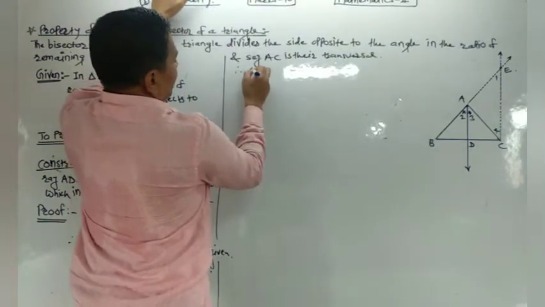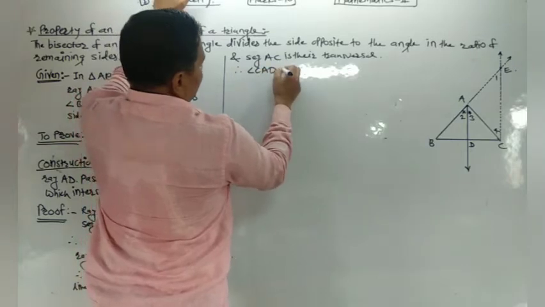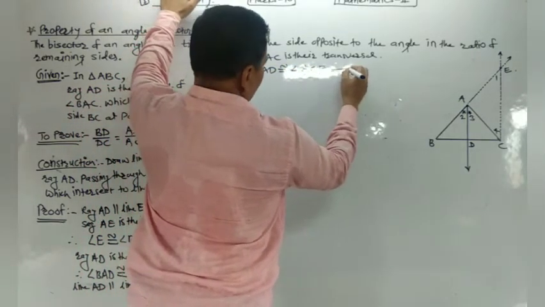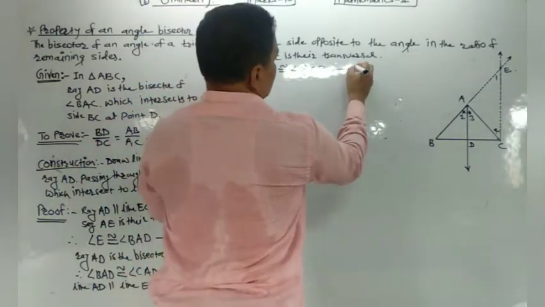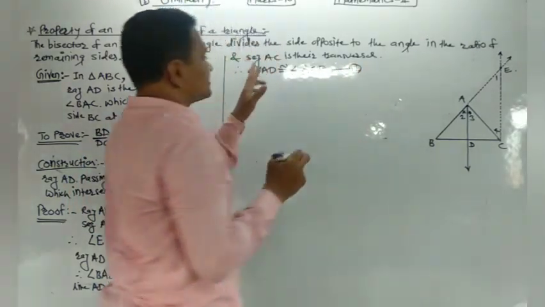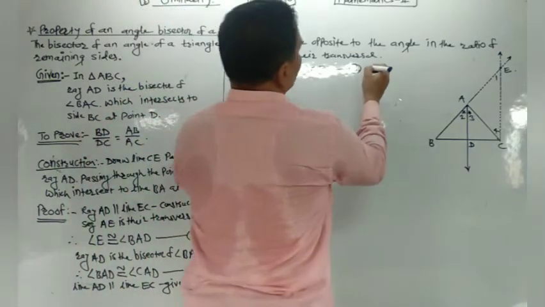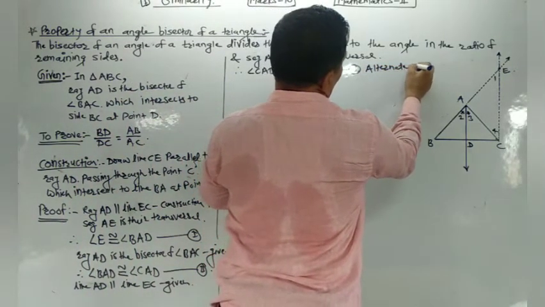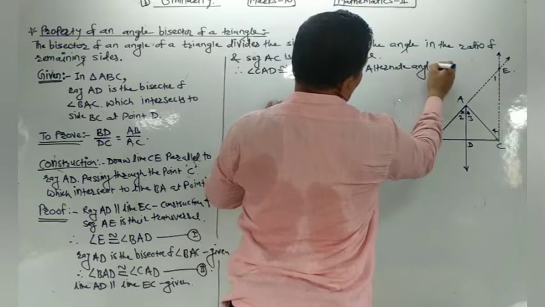Therefore, angle CAD is congruent to angle ACE. Step number 3. Why is angle CAD congruent to angle ACE? Because they are alternate angles, right?